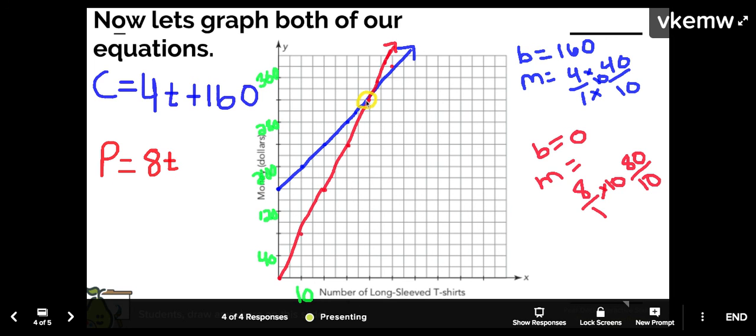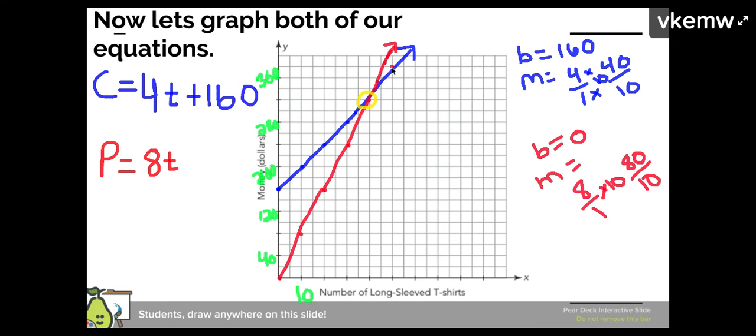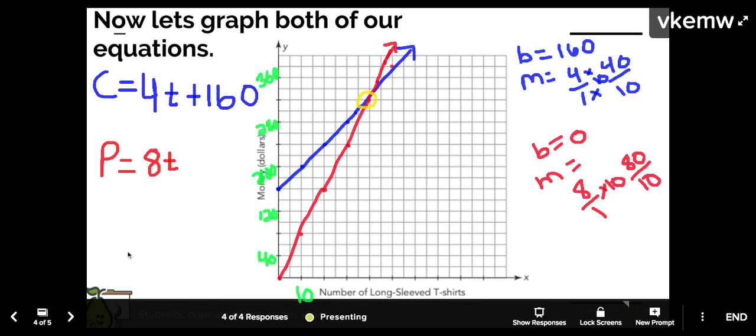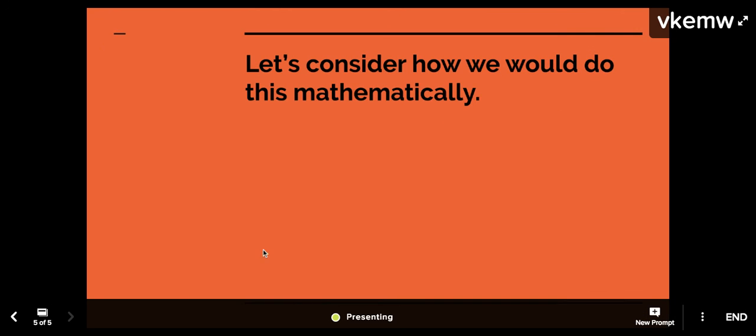So I know that I need to at least sell 40 shirts to break even. At 41, I'll make $8. At 42, I'll make $16. At 43, so on and so forth. So we can also do that algebraically if we want.